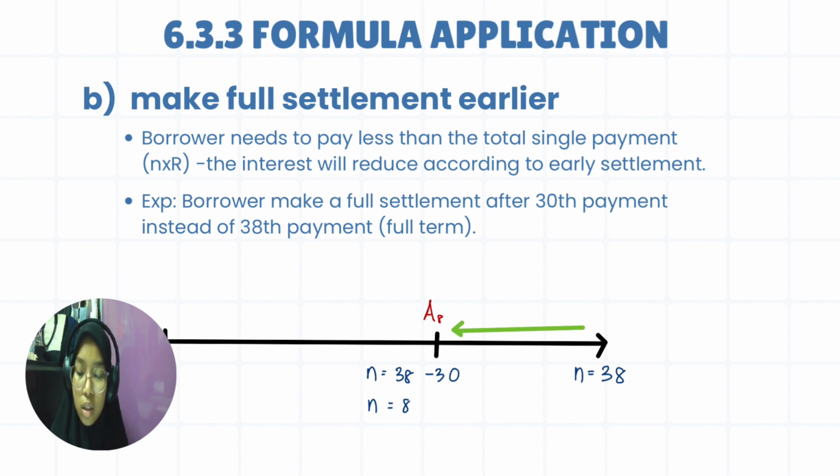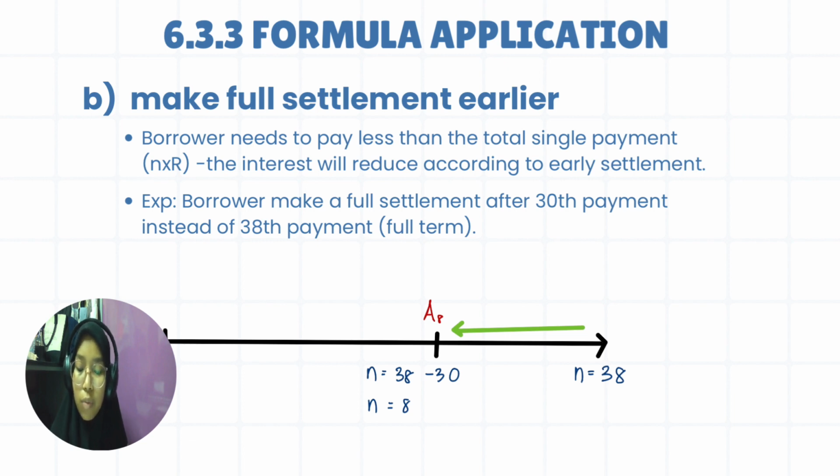In this case, the borrower needs to pay less than the total single payment, because the interest will be reduced as she will make the full settlement earlier.